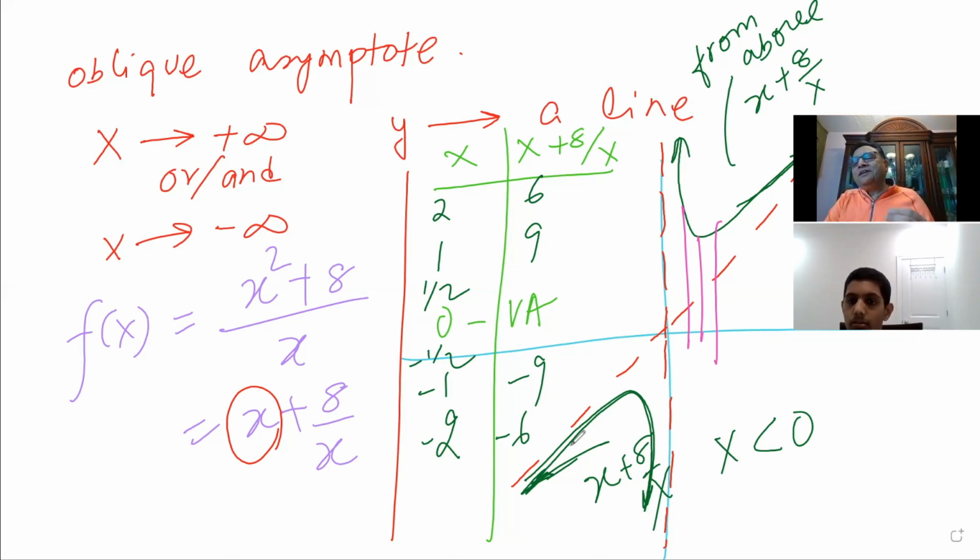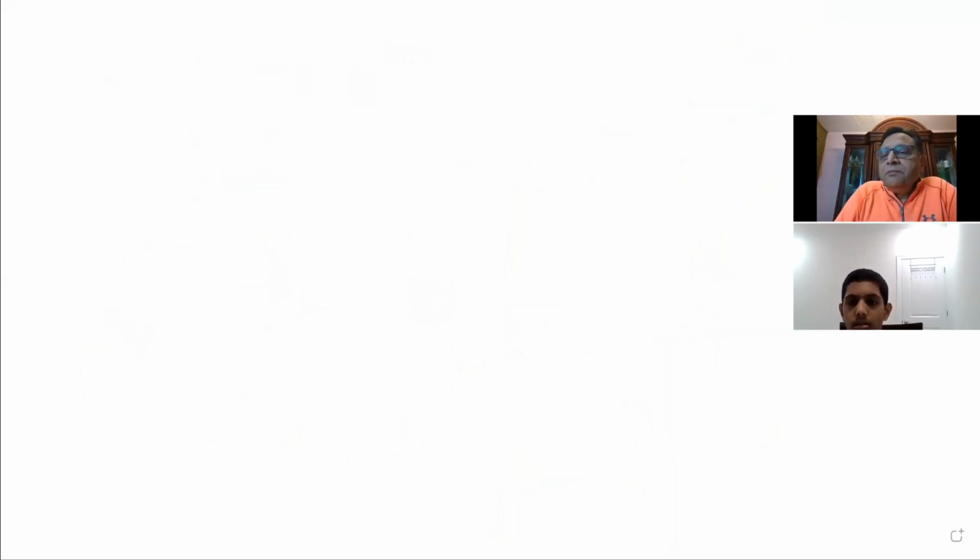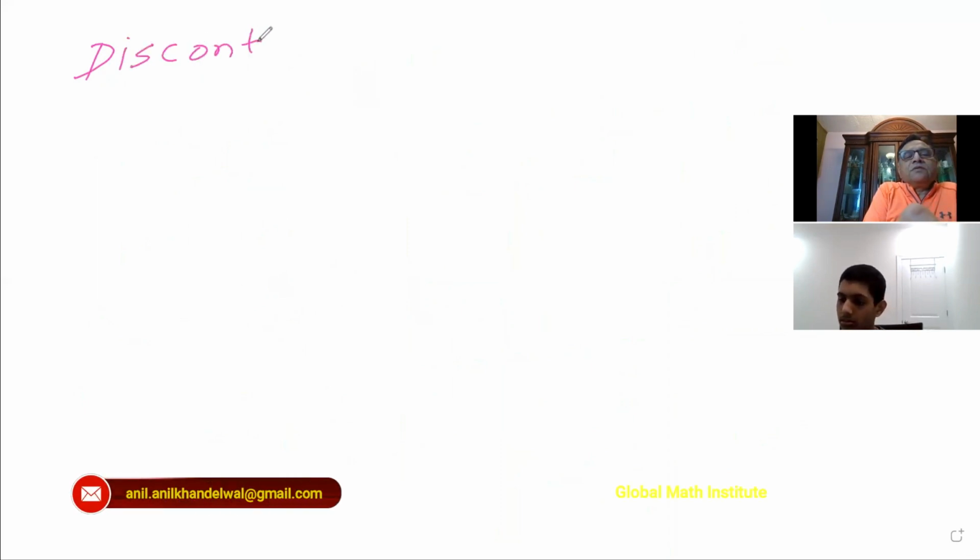Now you understand how we get an oblique asymptote: the degree of numerator is 1 higher than the degree of denominator. With that, we have learned the major concepts about rational functions and their discontinuities. Let me write the discontinuities of rational functions.